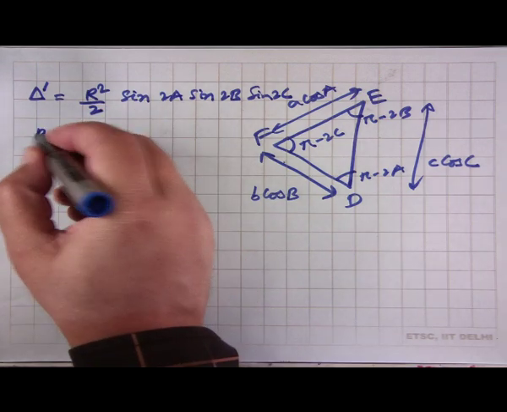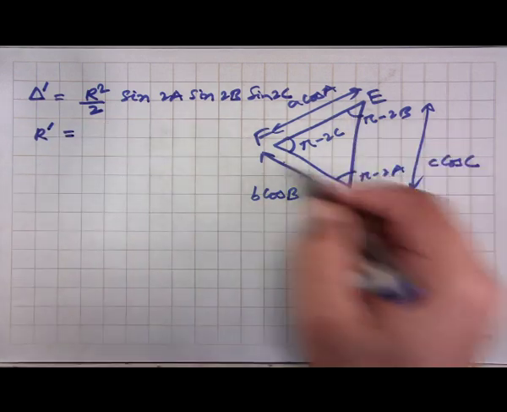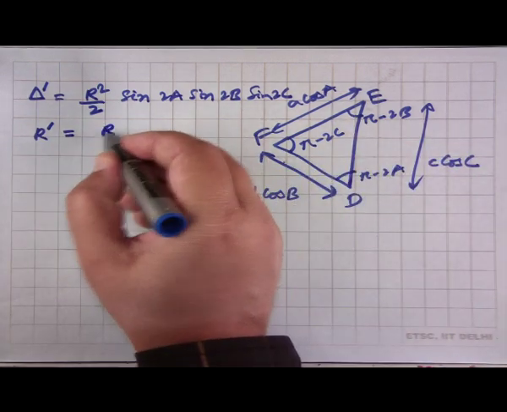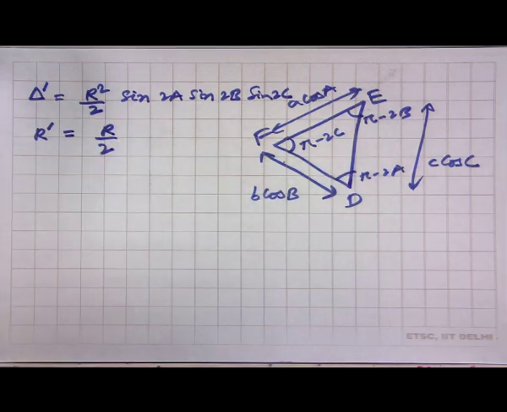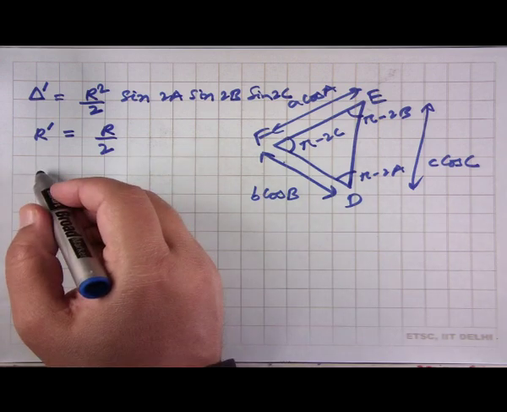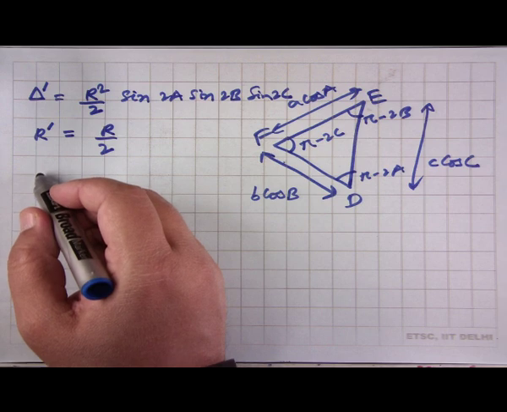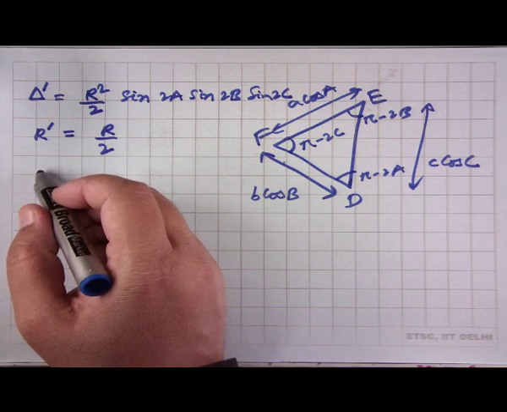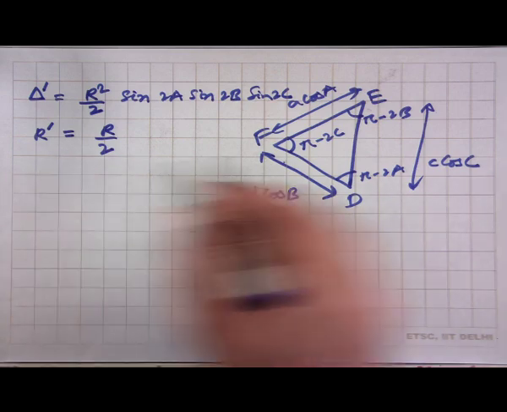Further, we had shown that the circumradius of the pedal triangle is half of the circumradius of the triangle ABC. This also we had shown. And what remained to be derived was the expression for the inradius of the pedal triangle.